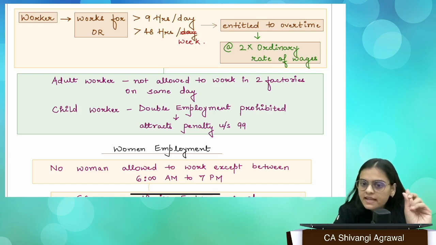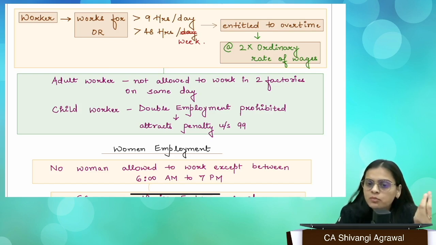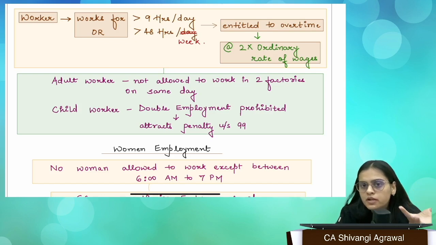Fine. When we talk about double employment, the adult worker is not entitled to work in two factories on the same day, because there is a saturation of how much you can work. And of course for a child worker, double employment is again prohibited. It attracts a penalty.